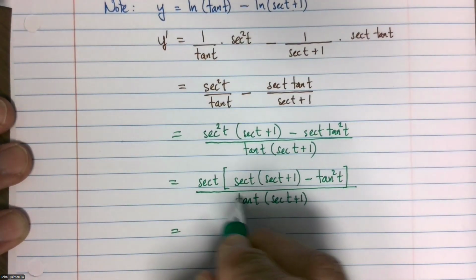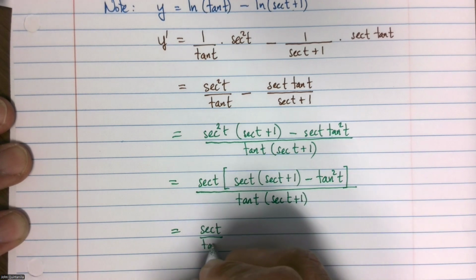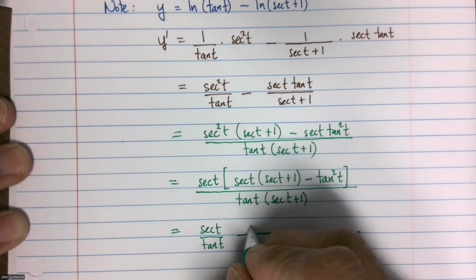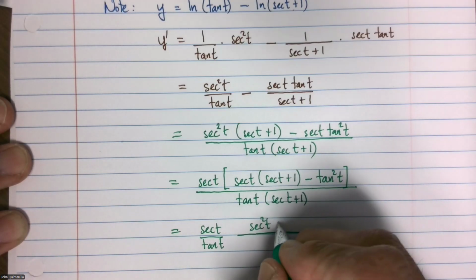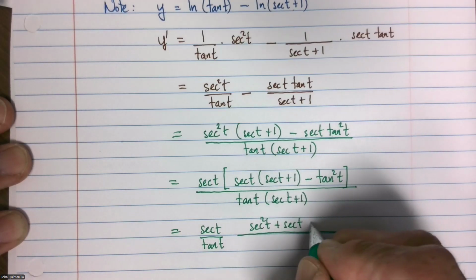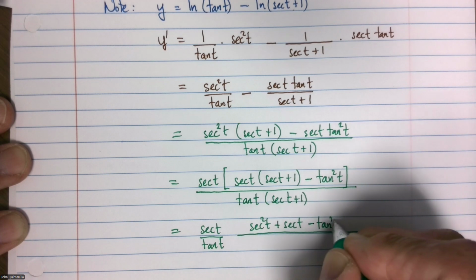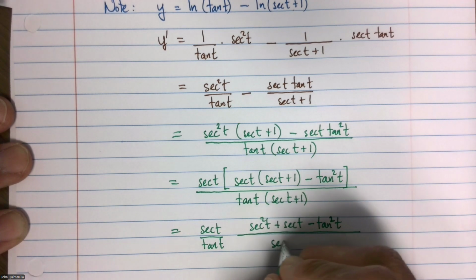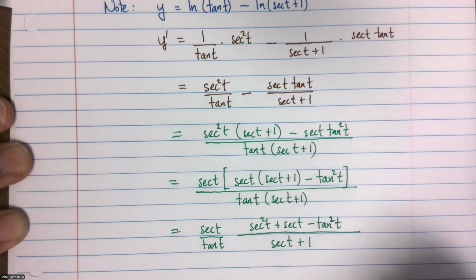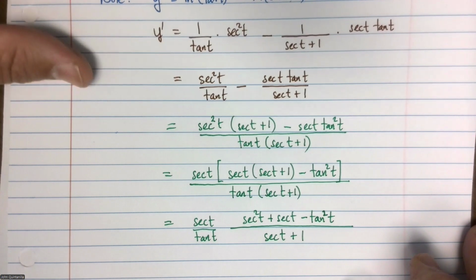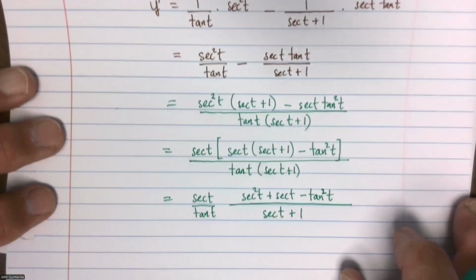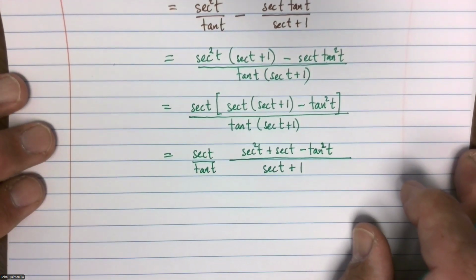Okay, so let me put this out separate. Secant of t divided by tangent of t. Now inside the brackets, I'll multiply out. We've got secant squared t plus secant of t minus tangent squared t. And on the bottom, I have secant of t plus 1. So far, I have not invoked any obscure trig identities. I've just simply been doing the algebra to be able to simplify this expression.